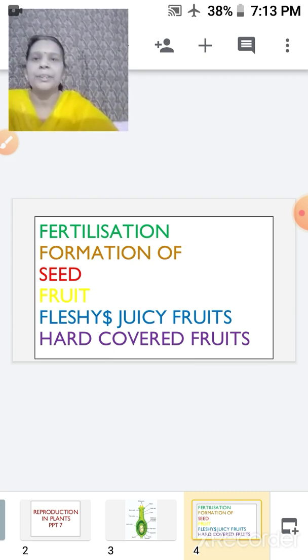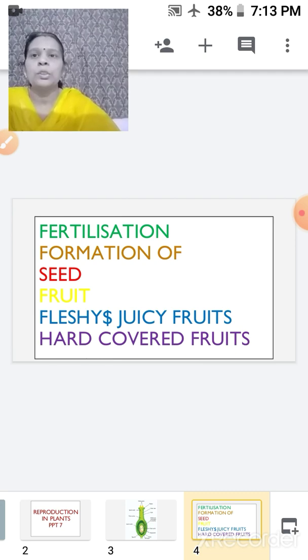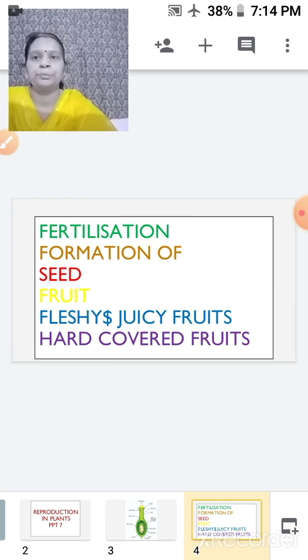Then we studied about the seed and the fruit. We found that the fertilized egg, which begins to divide inside the ovule, develops into an embryo.